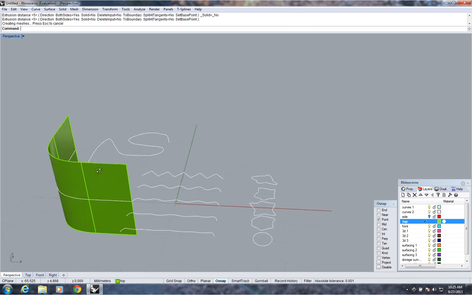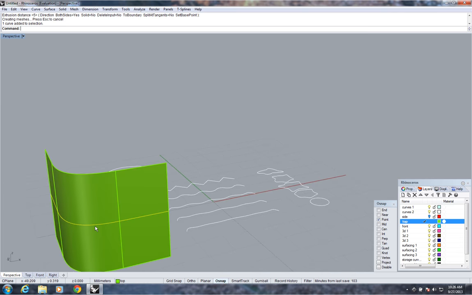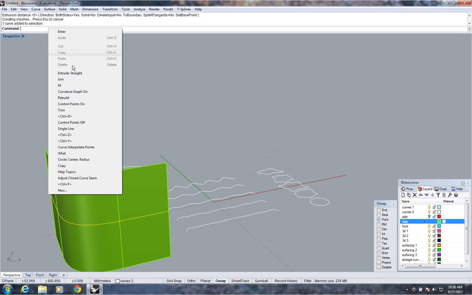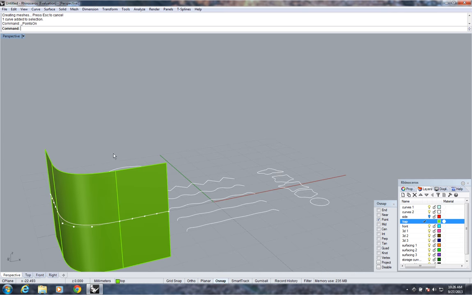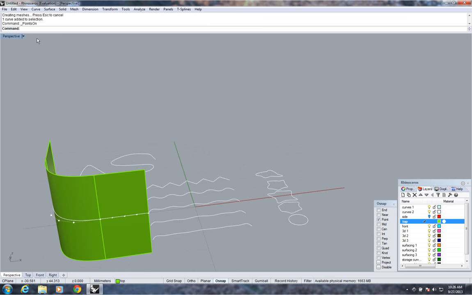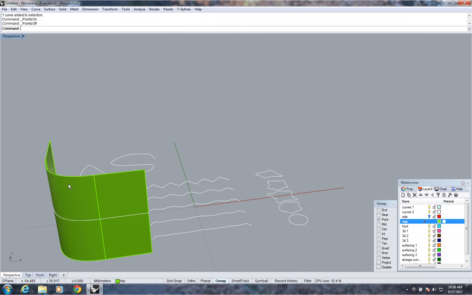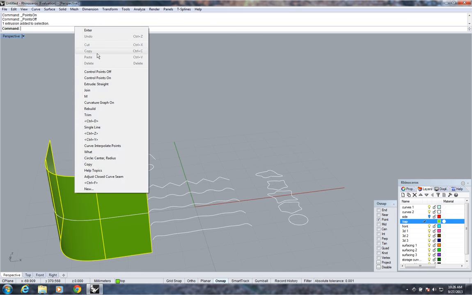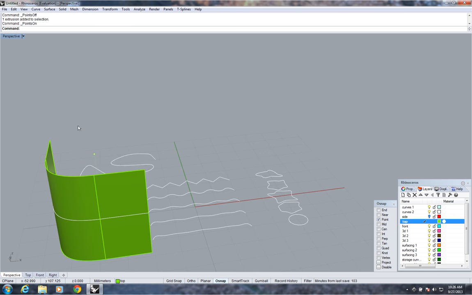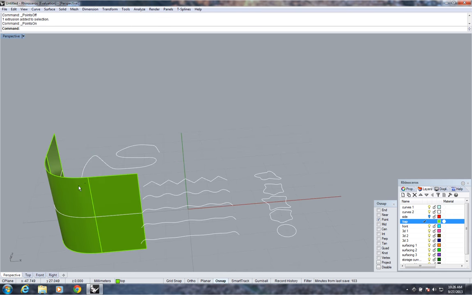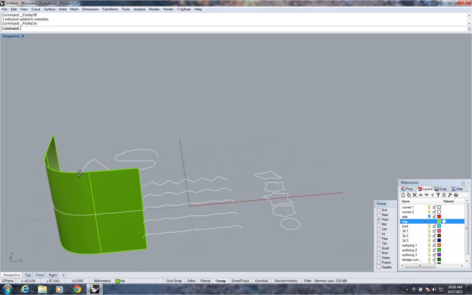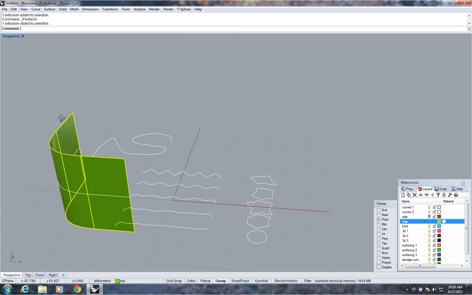So, control point for the curve. Control points for the surface. Oh, hang on. Sorry. I just proved my point.